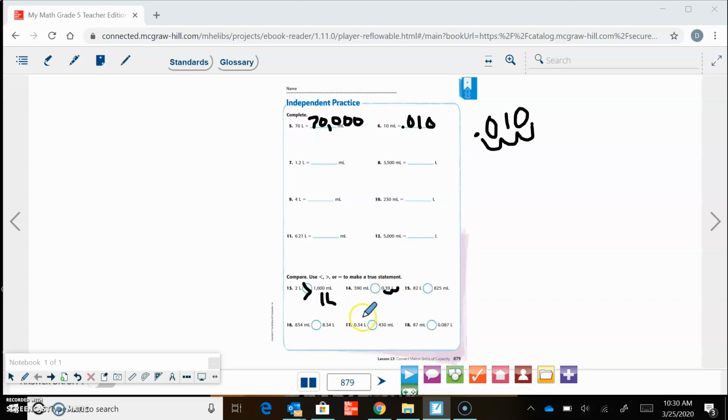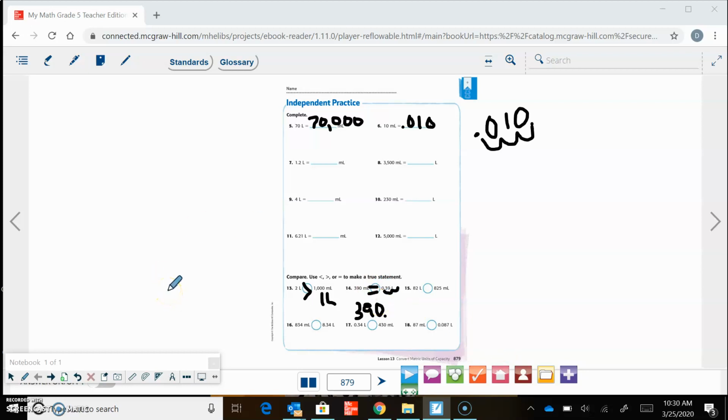So for this side, it would be 390 milliliters, which is equal to. Okay?